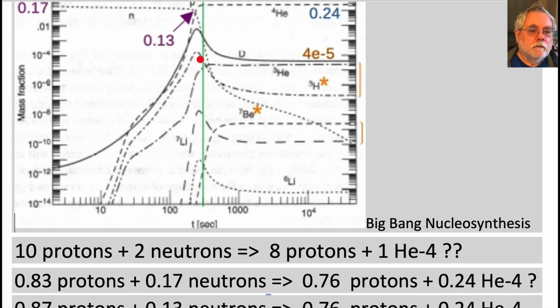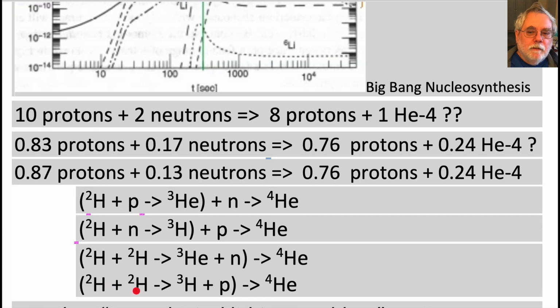This is the curve for hydrogen 3, tritium. Two deuterium nuclei cannot fuse to produce a helium 4 nucleus in a single step because they need a way to shed binding energy as kinetic energy. But there are two-step processes.